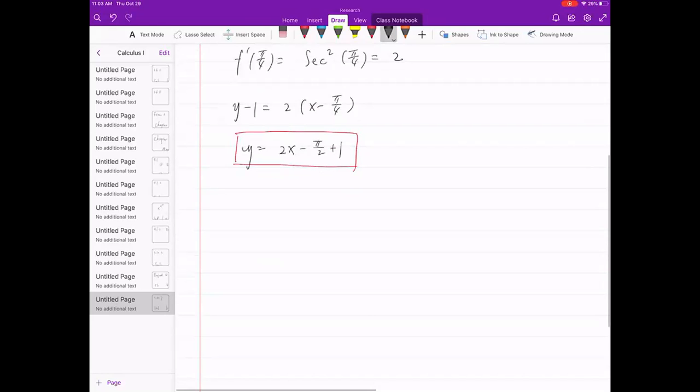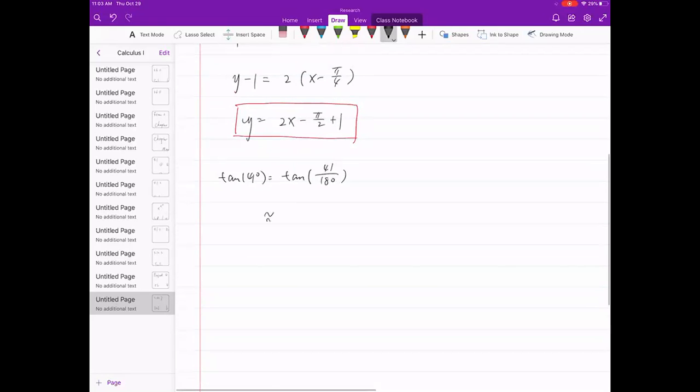So worst case, just do this. It's almost like 2 times 41 over 180 times pi minus pi over 2 plus 1, which is 41 pi over 90 minus pi over 2 plus 1. So we can simplify it to be this.